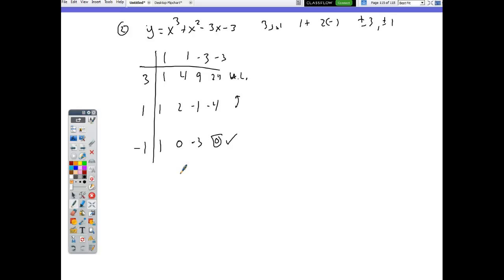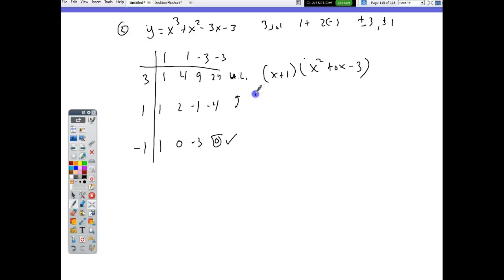We took this, divided by x plus 1, and got x squared plus 0x minus 3. Remember that? It's the very beginning of this chapter, we were talking about that. And because of that, see the 1, x squared plus 0x minus 3, right?